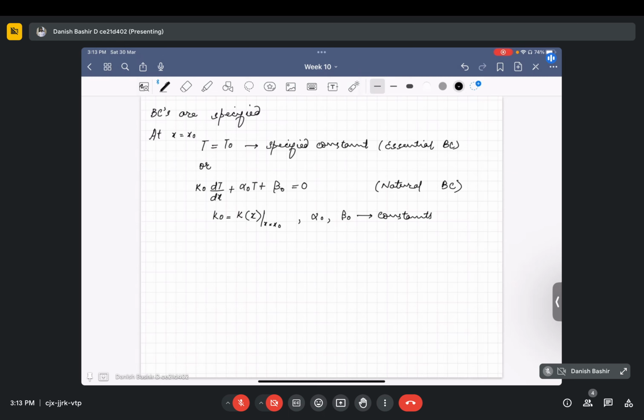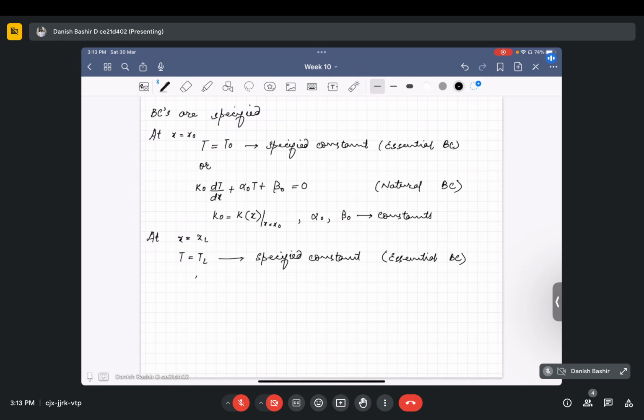You remember these terminologies. And we can have boundary conditions specified at x equals xL, the extreme of our domain. We can have there as well T equal to TL, some specified constant, and it again will be an essential boundary condition.